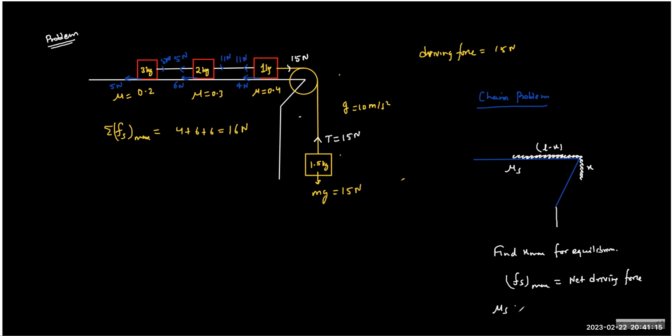So we can assume lambda is the linear mass density. So lambda into L minus X is the mass, into G. So you can always use lambda. And driving force is how much? Lambda X, mass into G. Where lambda is, of course, I hope you know lambda. And once you solve, the lambda and G get cancelled.